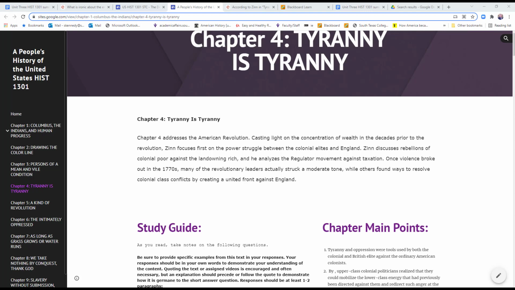He basically is arguing that the political systems of the United States have always exploited the vast majority of citizens for the benefit of a small political and economic elite, whatever the variable, given whatever time period we're looking at. If we're looking at the colonial time, we might be thinking of slaveholders. Looking at the Revolutionary era, we're looking at the members of the Continental Congress, and so on and so forth, right?